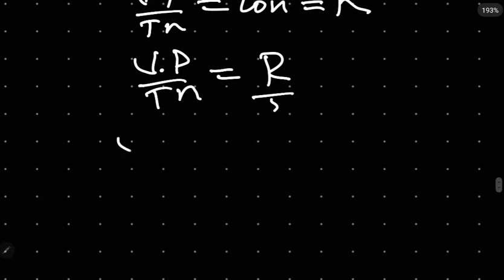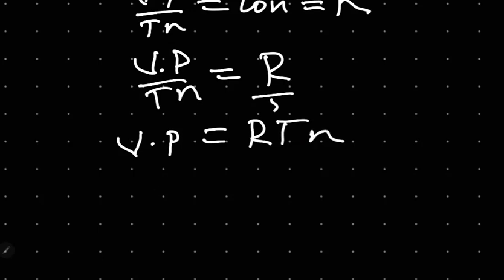Now you can put 1 here and crisscross. Then you're going to have volume times pressure is equal to the universal gas constant times temperature times number of moles. So what do we have here? Divide both sides by pressure.